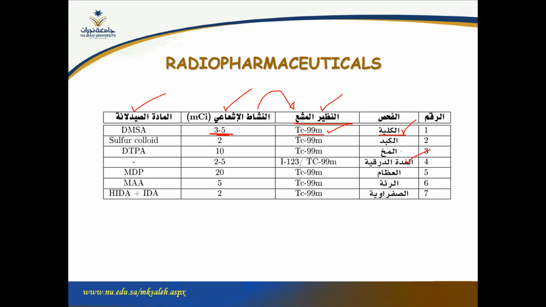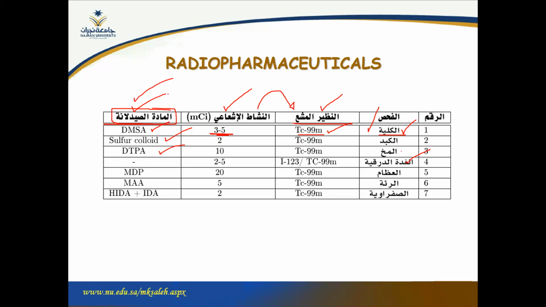And in the last column here, we have the radiopharmaceutical. For example, during the examination of the kidney, we use one radiopharmaceutical called DMSA. For the liver, we use sulfur. For the brain, we use DTPA, like that. What is the need for a radiopharmaceutical?